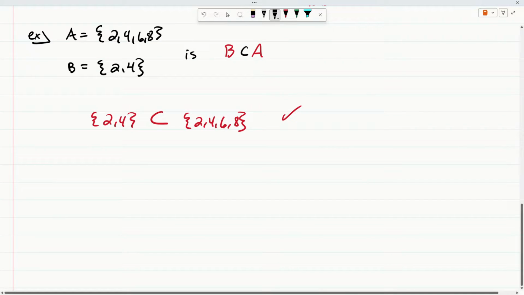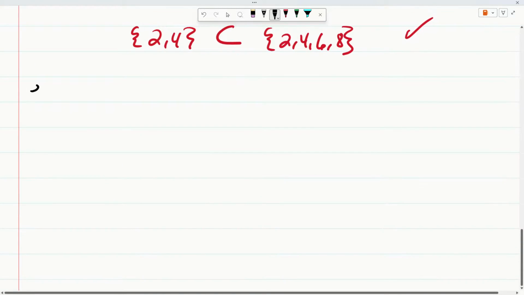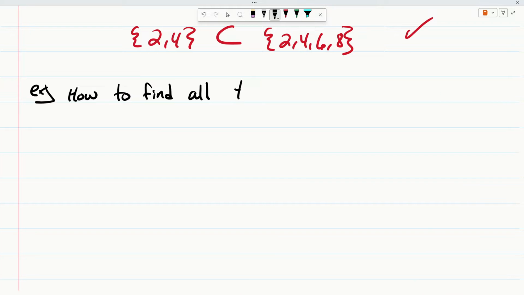Now, the next thing I want to do is give you an example on how to find all the subsets of a set. All right?